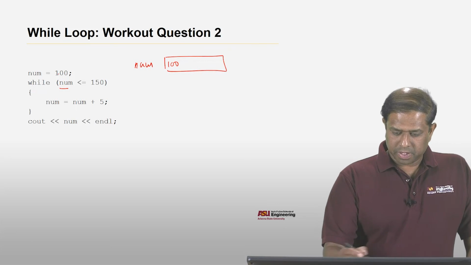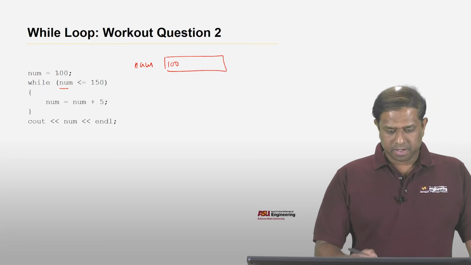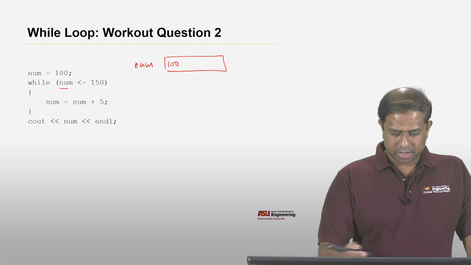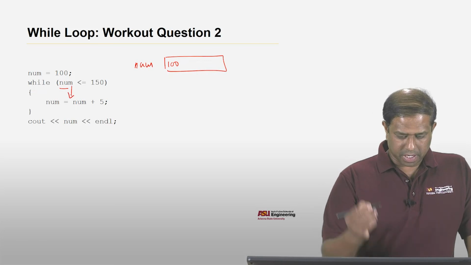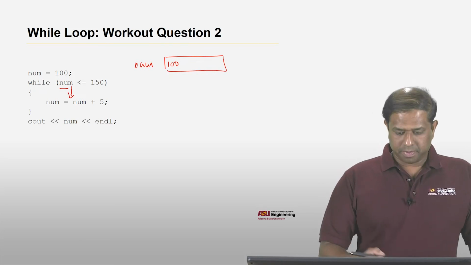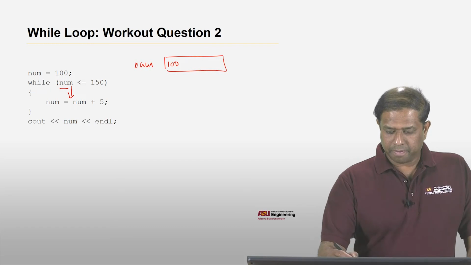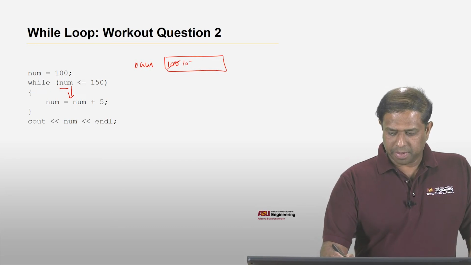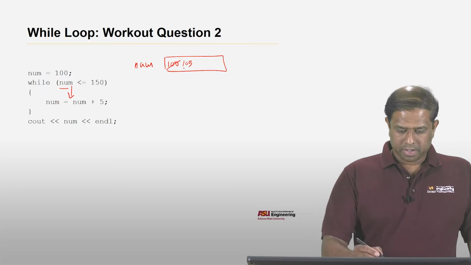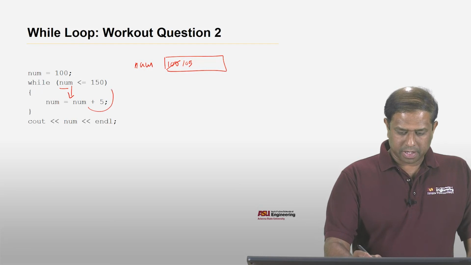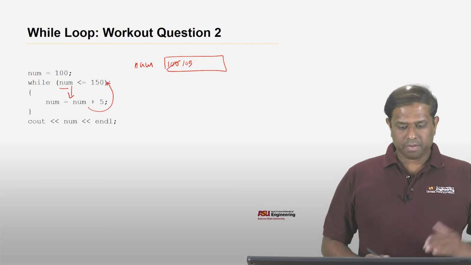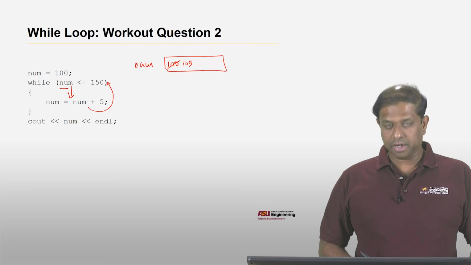So first of all, the value of num is 100, so 100 less than 150, that's true. So then we go inside it. Inside the loop we are going to increment num by 5, so then num is going to be 105, right? So nothing else we do in here, and then we come back. When you come back, we check whether num is less than 150.